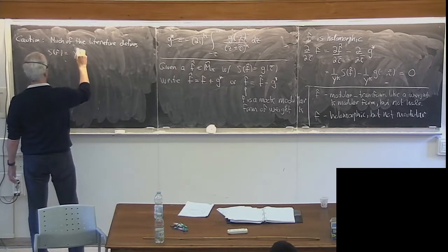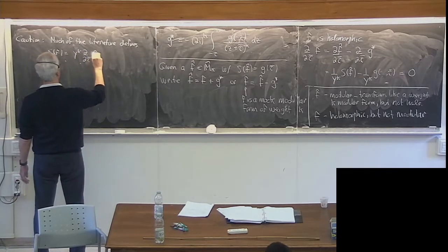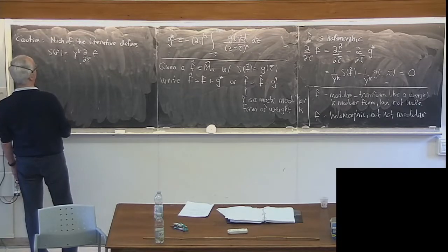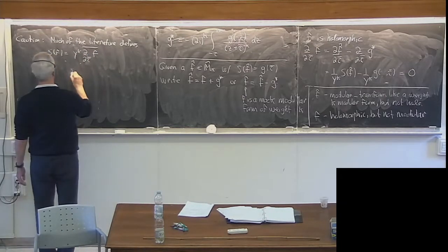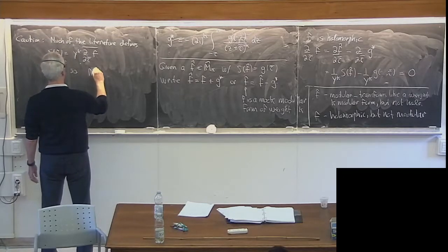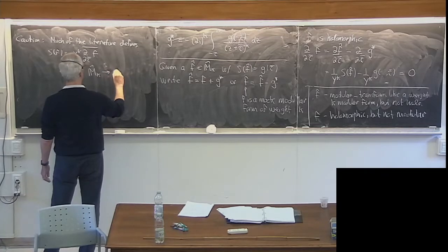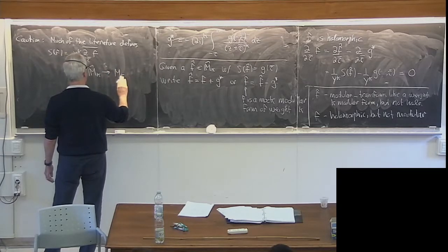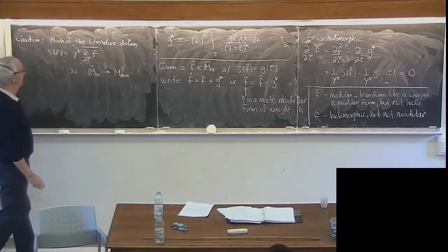They often define the shadow map to be: take this derivative but then complex conjugate the whole thing, so that the shadow map maps you not to anti-holomorphic modular forms of weight 2 minus k, but to holomorphic modular forms.